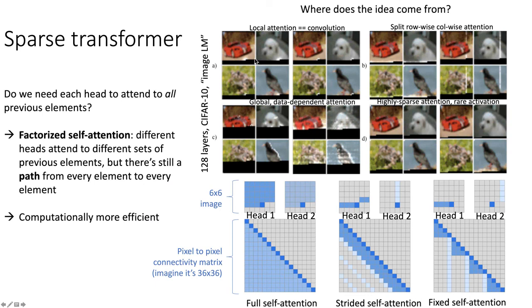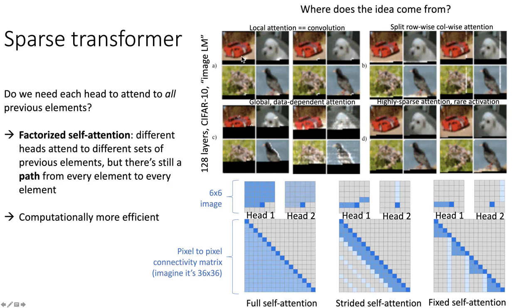And what they noticed is that when you look at the query pixel you're interested in, which in this case would be the last one right before the black pixels, and you look at the attention heads when the query is that pixel, it's actually attending to only a few. It's not attending to all the previous pixels, basically, but it has the potential to.